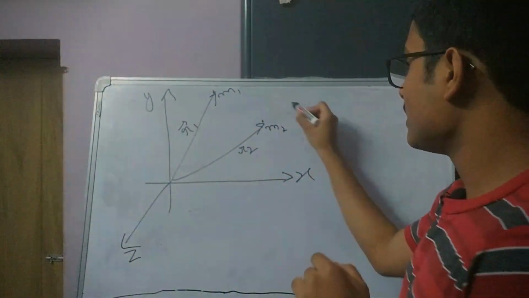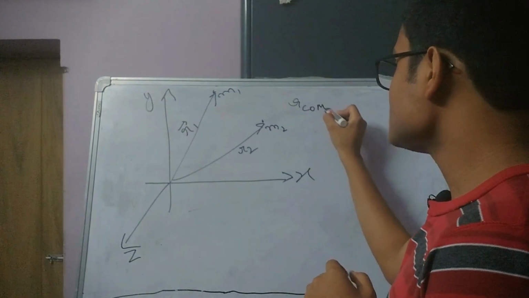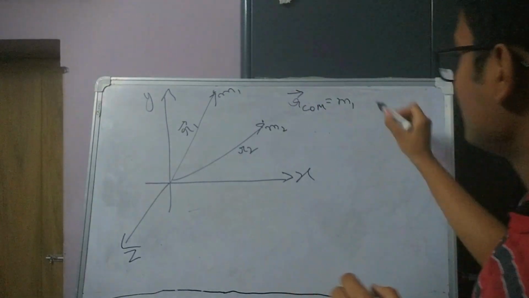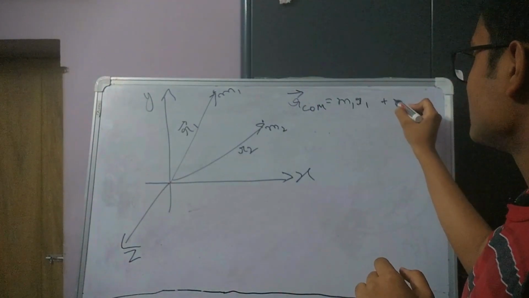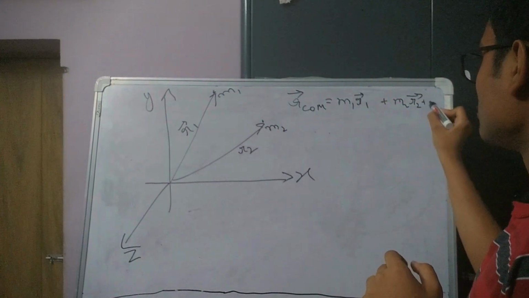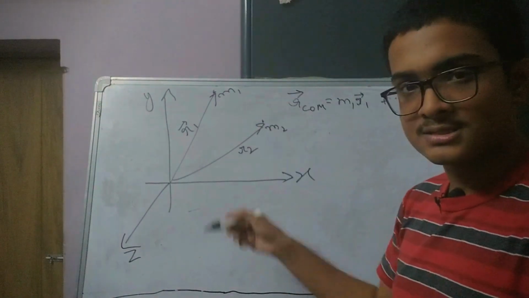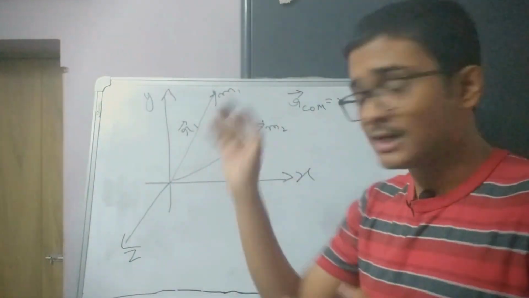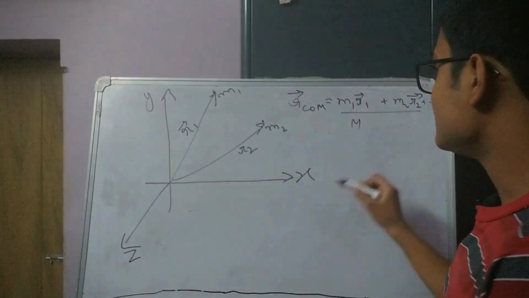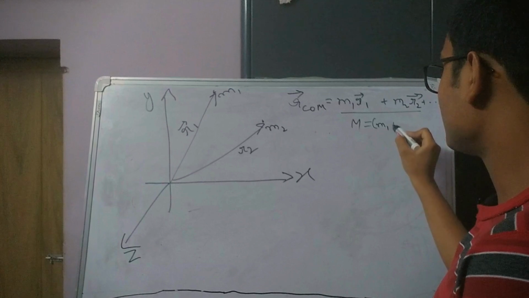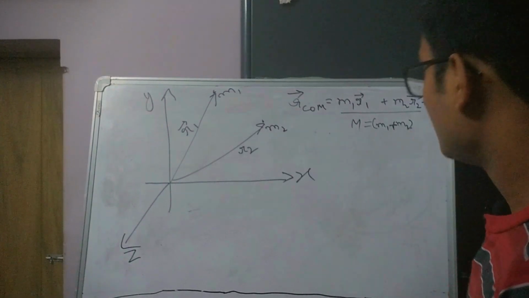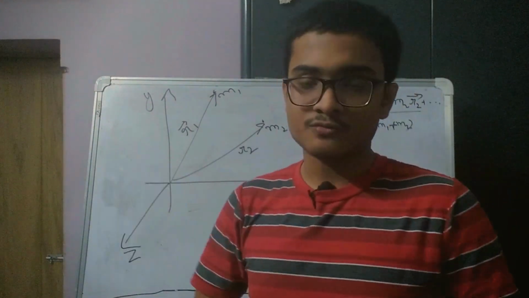Its definition is R_COM, that means the position of the center of mass, is M1 R1 plus M2 R2 plus dot dot dot, meaning there can be many more masses, M3, M4, M5, it can continue, divided by the total mass M. Here in this case it is M1 plus M2. There can be more masses. So this one is the definition of center of mass.